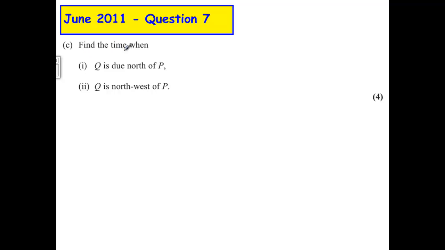Now what it says is, find the time when Q is due north of P. Now for Q to be due north of P, that means to go from P to Q, so starting at P, going to Q, that will be going straight up. So that will be equal to some vector, lambda j.